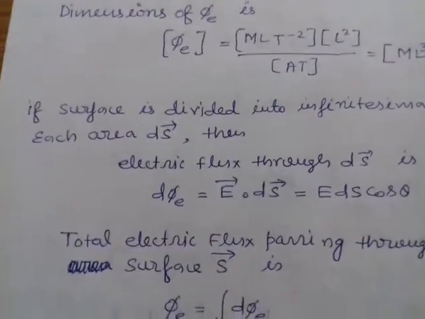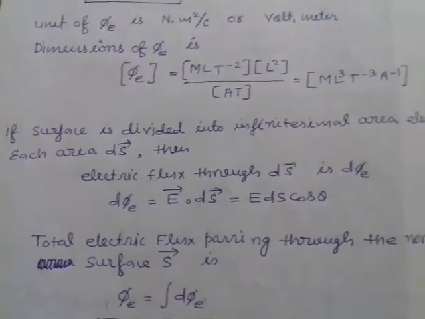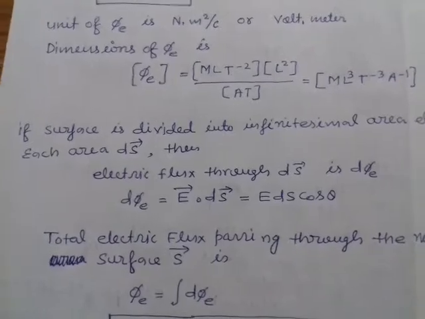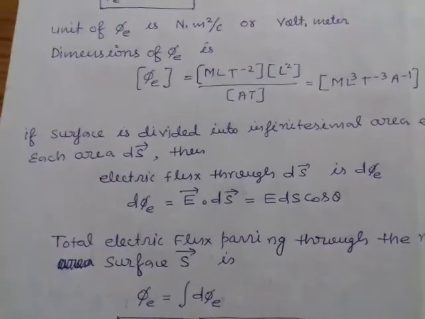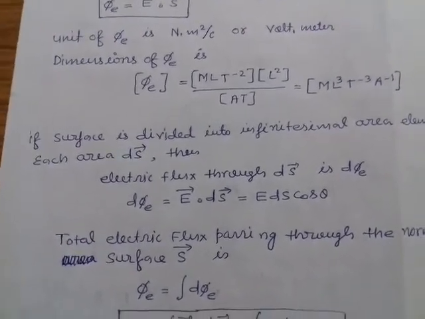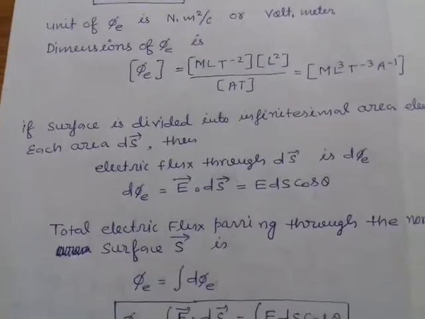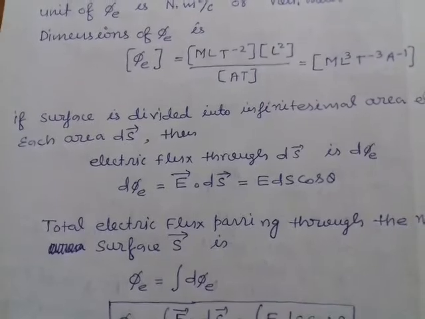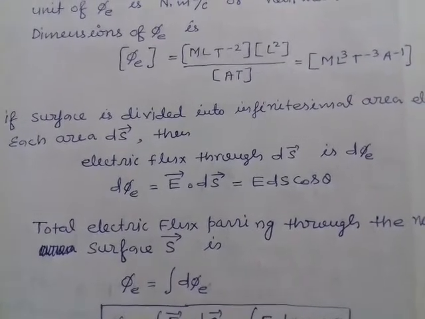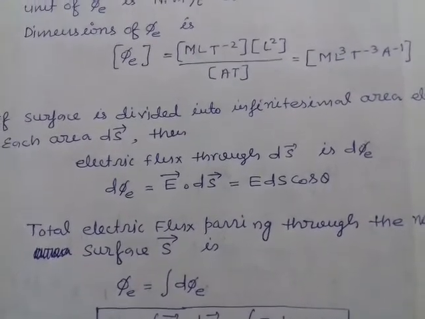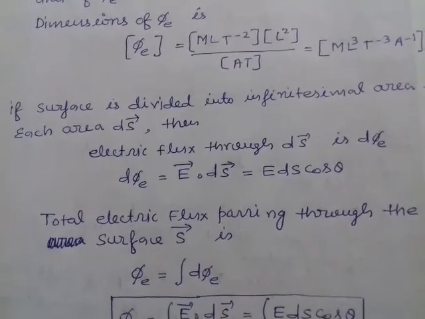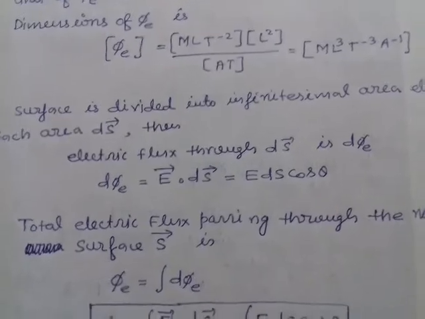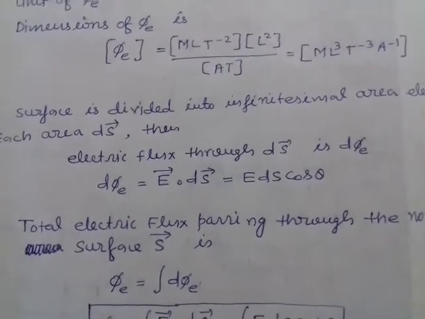If surface is divided into infinitesimal area elements, each area dS, it means if your surface is continuous, in that case electric flux through very small area element dS is d phi E, which is equal to E dot dS is equal to E dS cos theta.